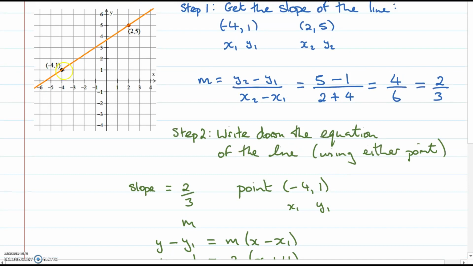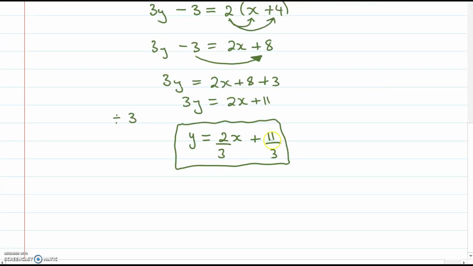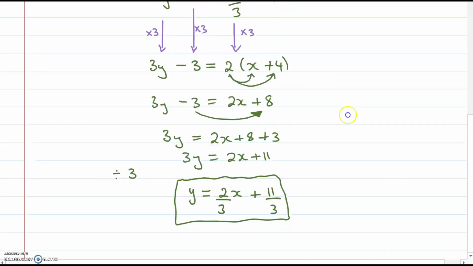So just to check this out, rise over run. The rise is going to be 2. The run is 3. So we go over 3 and up 2. And then we said the y-intercept, the b part of this, is 11 over 3. 11 over 3 is 3 2/3.